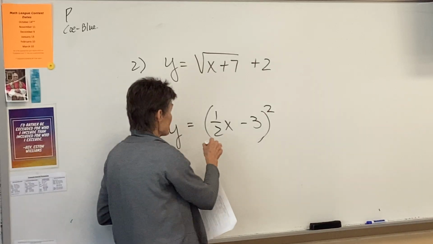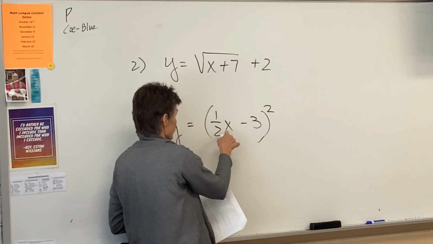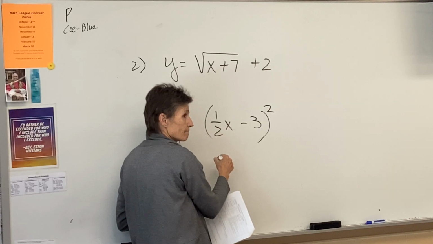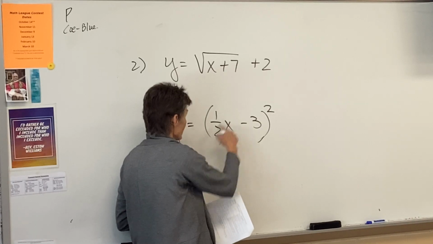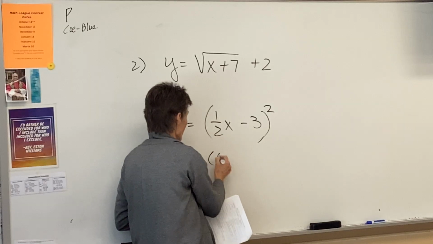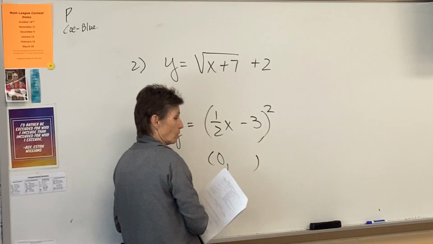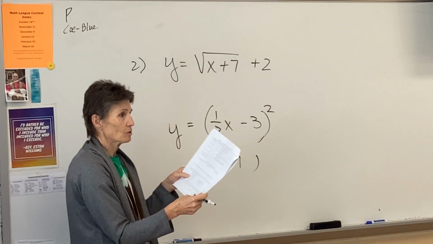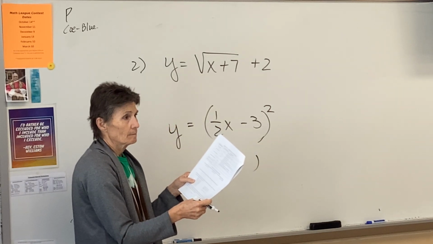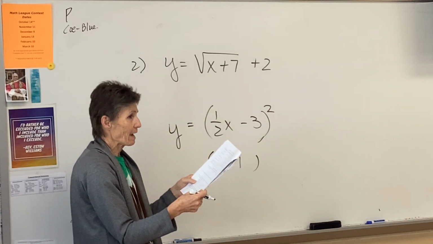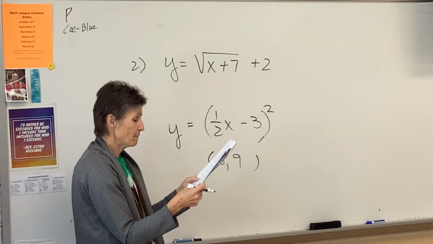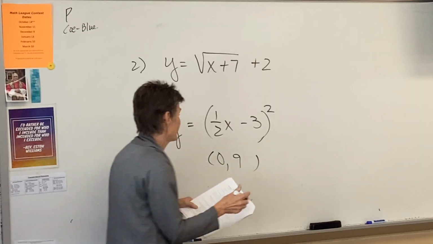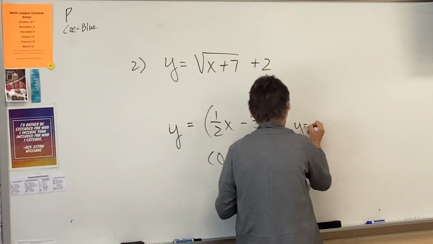What happens if I put in 0 for x? That's going to equal 9. Is the y-intercept of my picture 0, 9? No, so it probably isn't that one. Anybody have another guess? C. Which one? C? All right, let's try C.